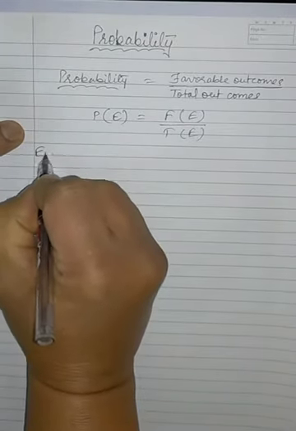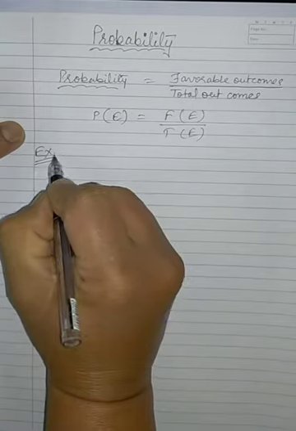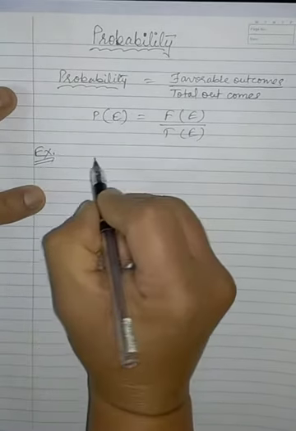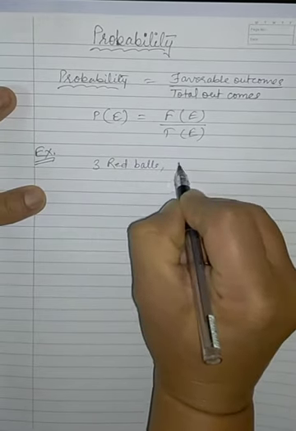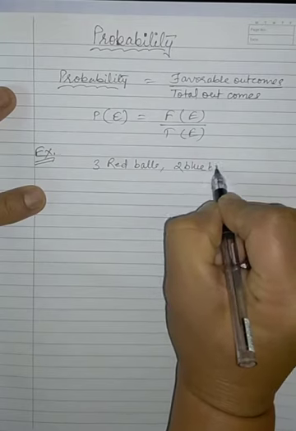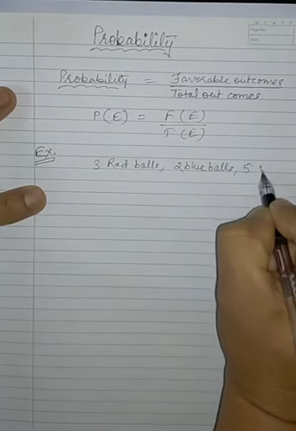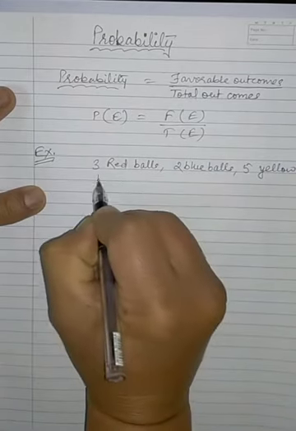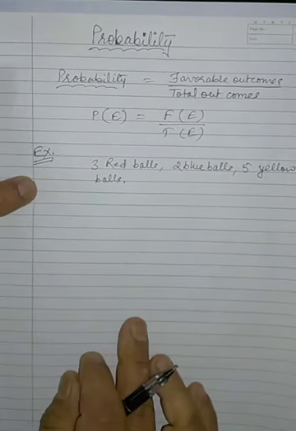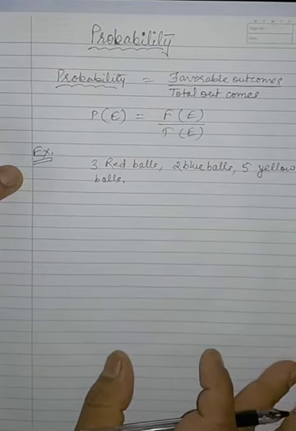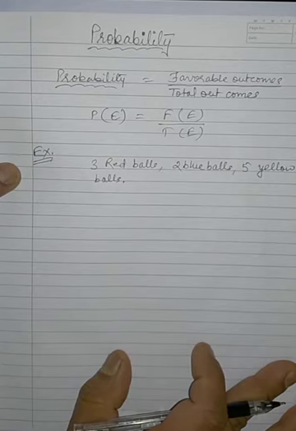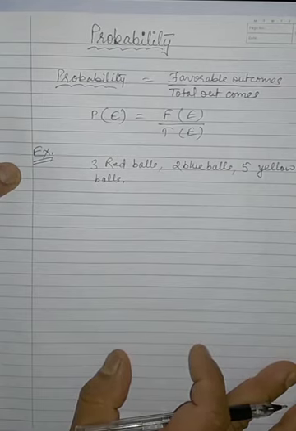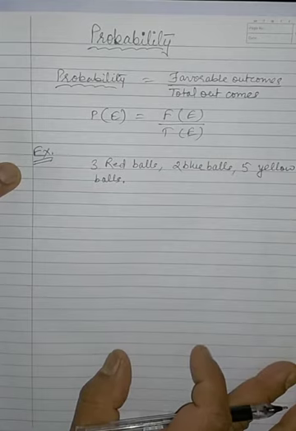Let us take an example. Suppose you are given 3 red balls, 2 blue balls, and 5 yellow balls in a bag, and one ball is chosen at random without looking into the bag, despite all balls being identical in all respects, shape, size, everything.